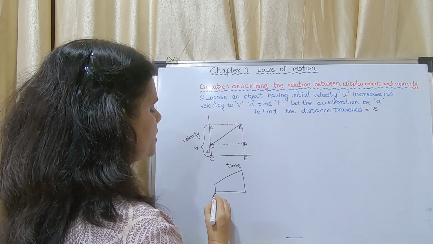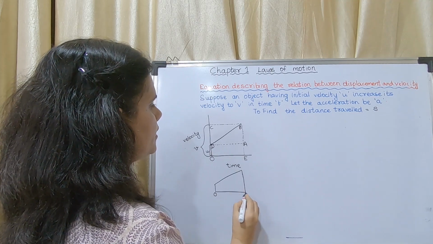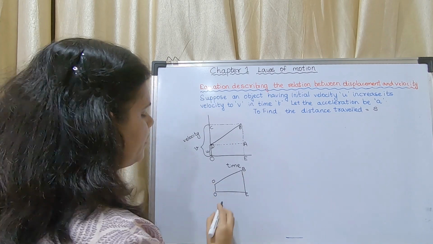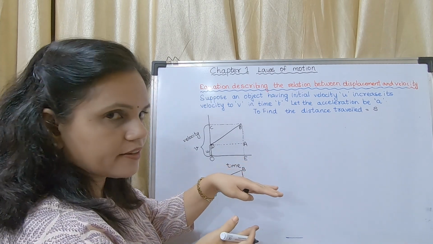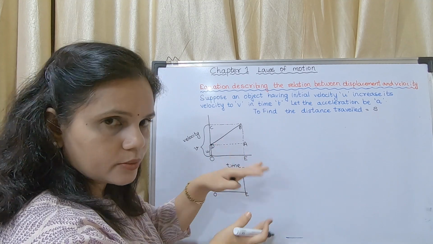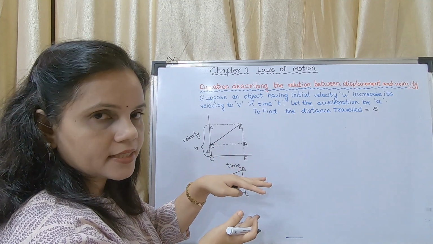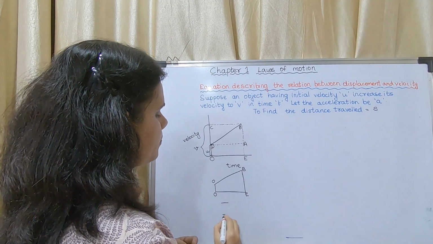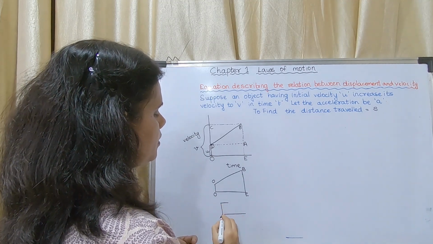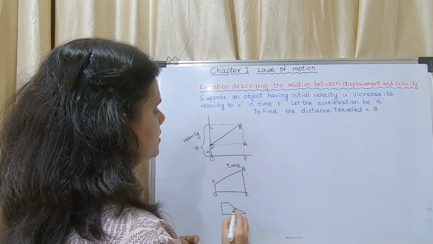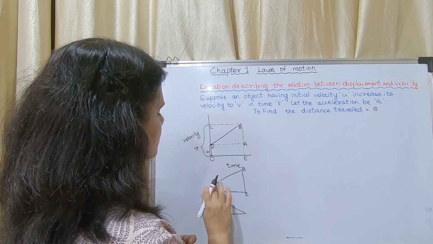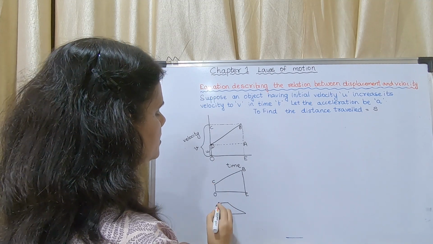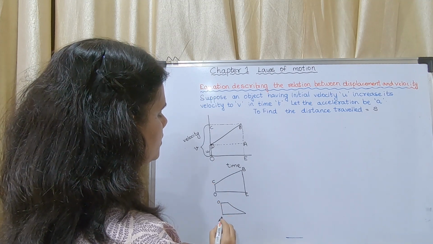So this becomes OEBC. If I rotate it towards the right, I will get it this way. This is C, this is O, E, B, C.